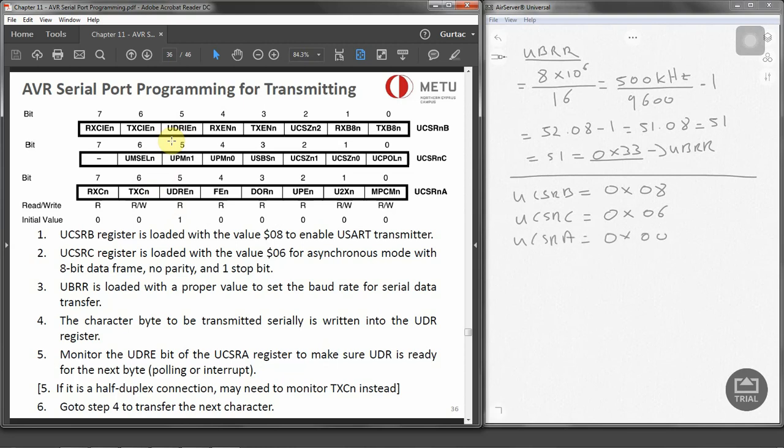You don't need to set this up, it can be the default, so you don't need to worry about that. Now we have all the register values that we need, and we know that if we want to transfer the data, we have to load it into the UDR register. Okay, so let's give a start and write down how this is going to be set and used.